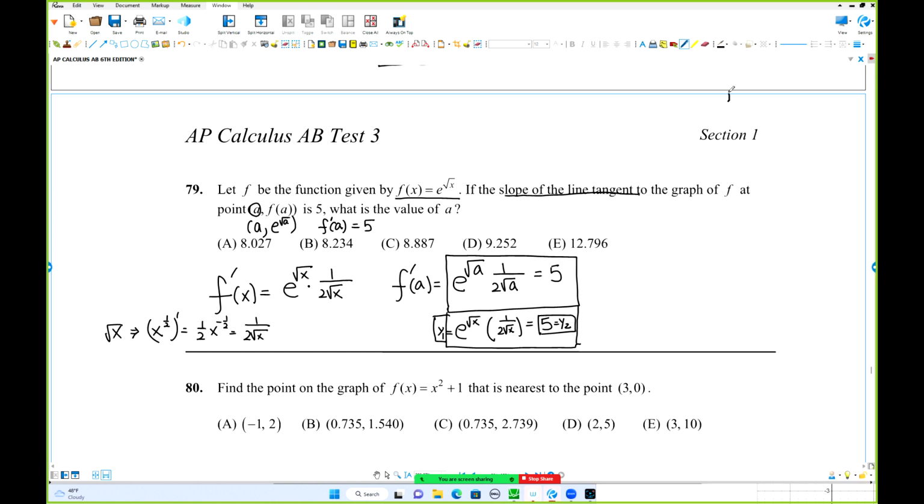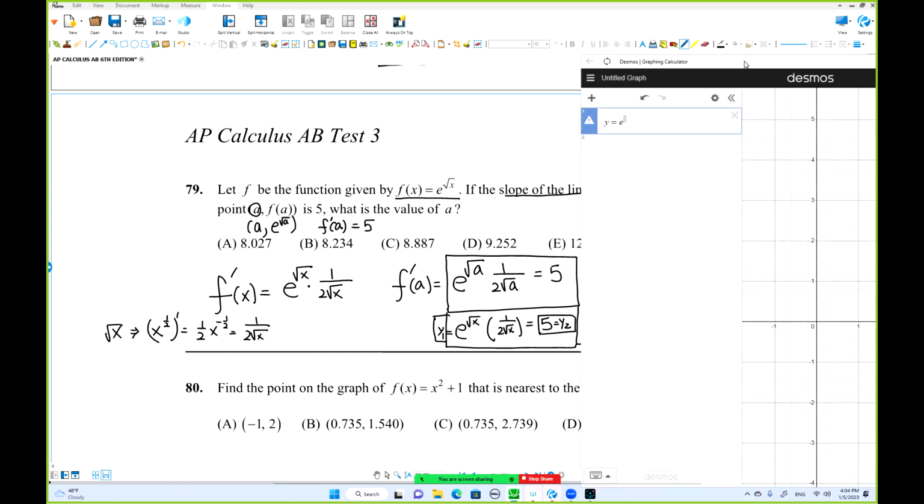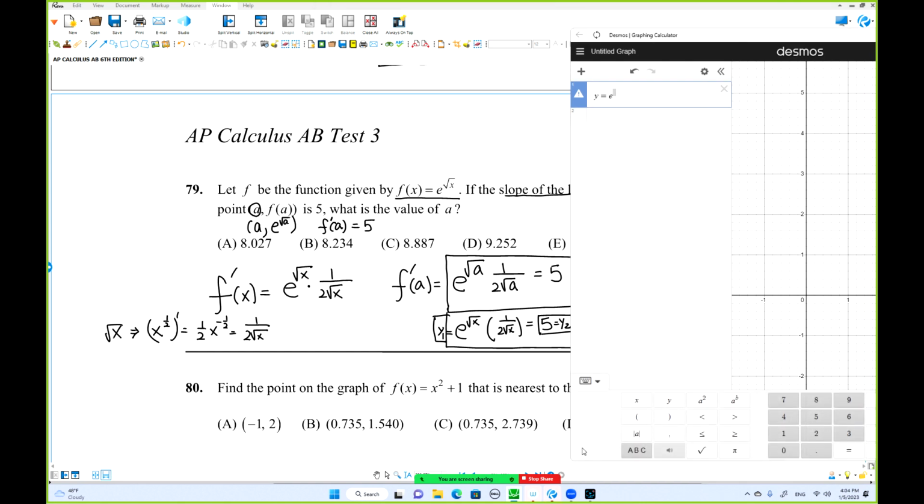Where is the square root? Okay, square root x. That's wrong, right? e to the, up there, square root x. Okay, that's it.